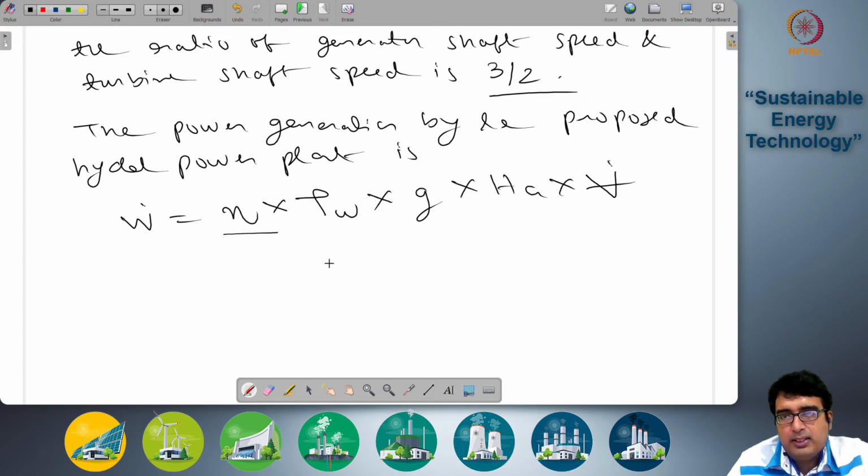This is the overall efficiency. Rho G H A is the available head, and this is the volume flow rate.